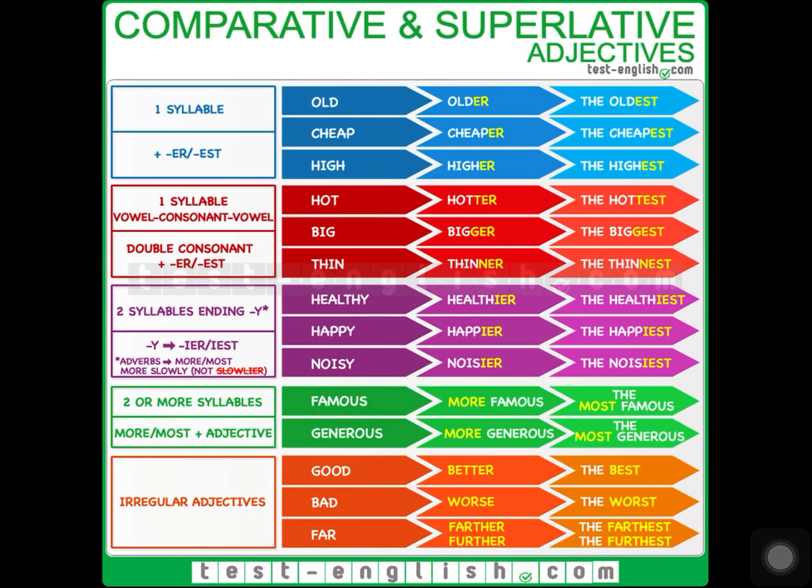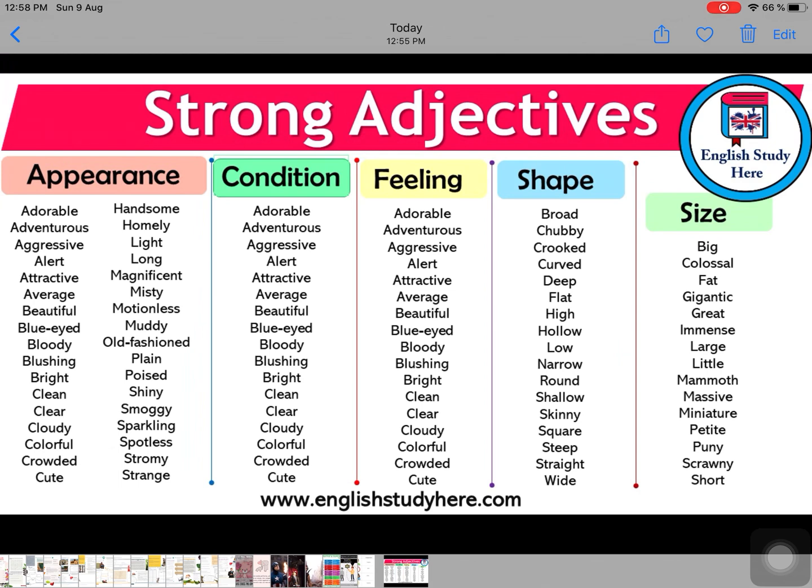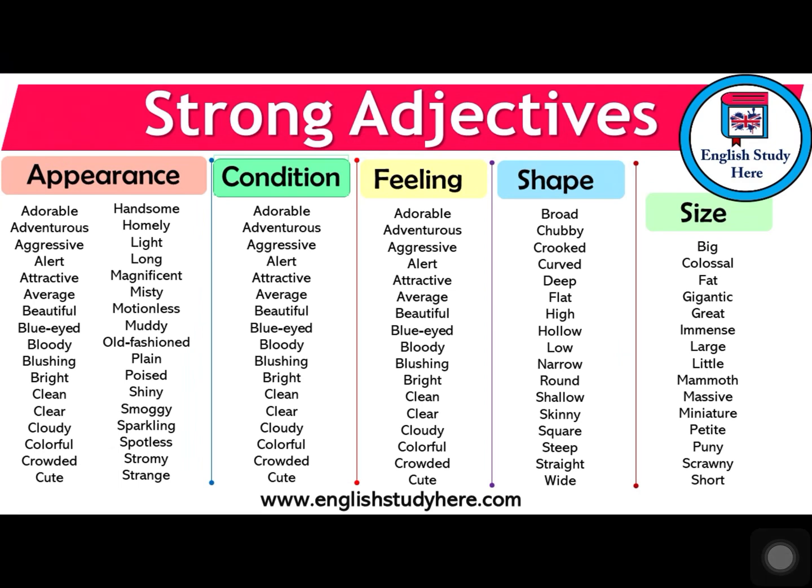For example, look at this. When we have this, we have different adjectives. There are adjectives for appearance, for a condition, for a feeling, for a shape, or for size. Yes, notice that all of them are either short or long.